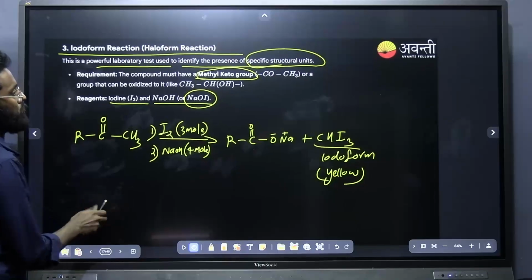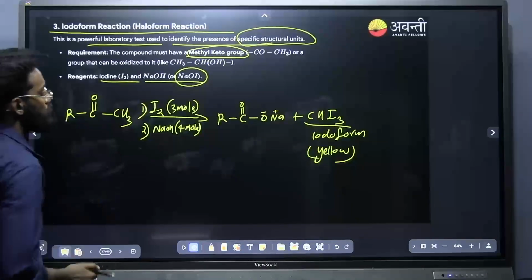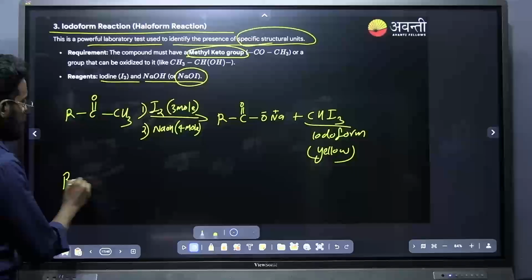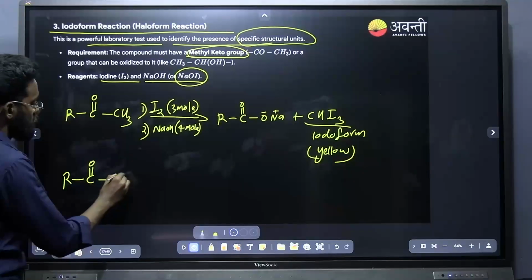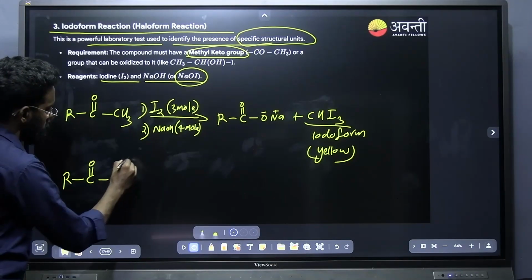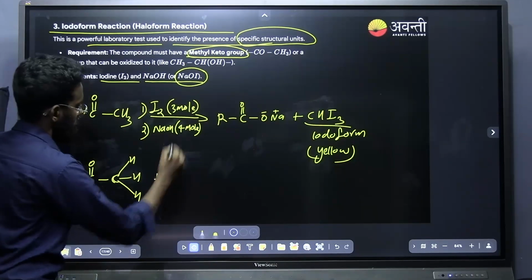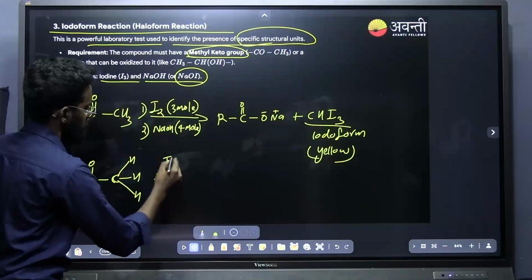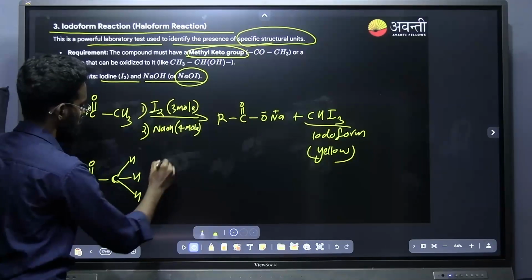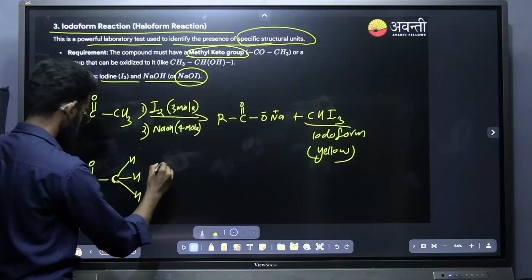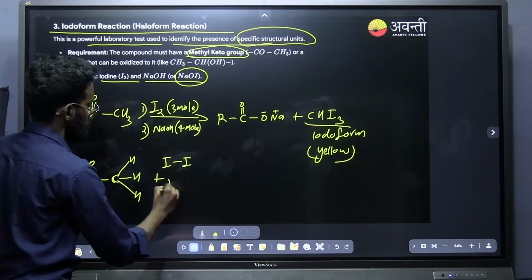Now I can tell you an easy way to find the product. We write R C double bond O CH3, writing the CH3 as C with 3 hydrogen, and replacing them with 3 iodine.